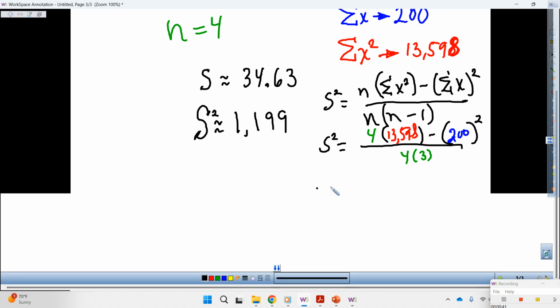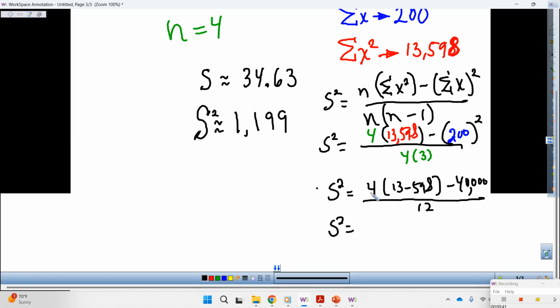So therefore we end up with variance equals 4 times 13,598 minus 40,000, is that correct? Yes? Over 12. So calculators calculate, what is 4 times 13,598? 54,392 minus 40,000 over 12.